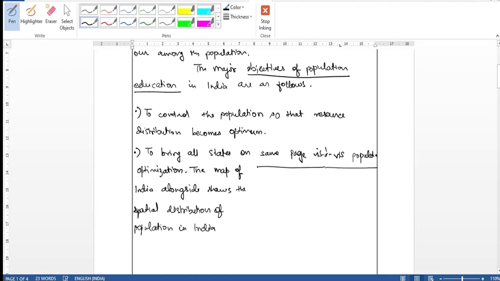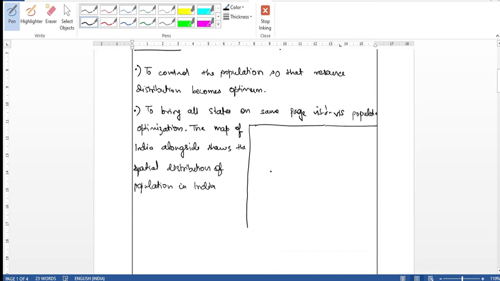So let's make a box here and we'll make a map now, a very small map, so that we can actually write things here. Okay, so this is our India. Let's make the political map. Fine, so this is a political map.